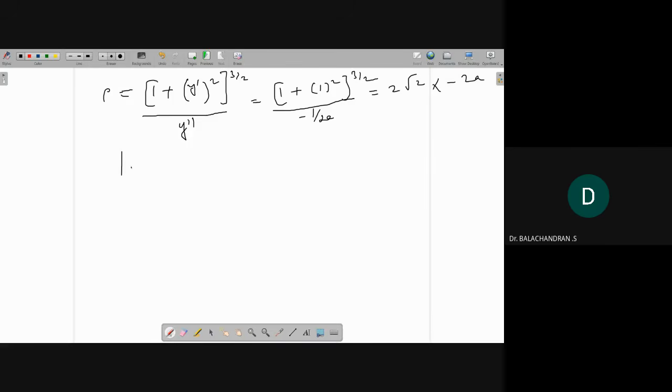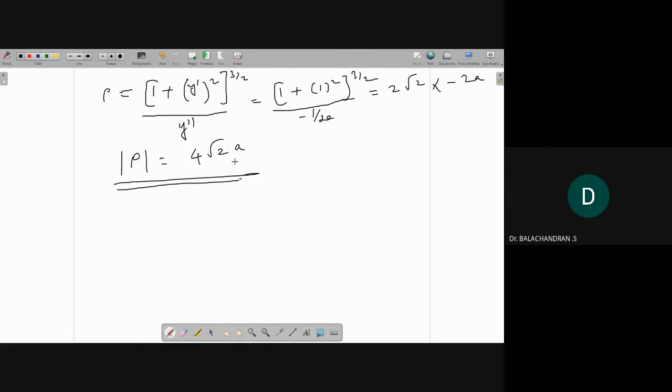So I need the modulus of rho, which is 4 root 2 into a. This is the radius of curvature for the parabola y square equal to 4ax at the given point y equal to 2a.